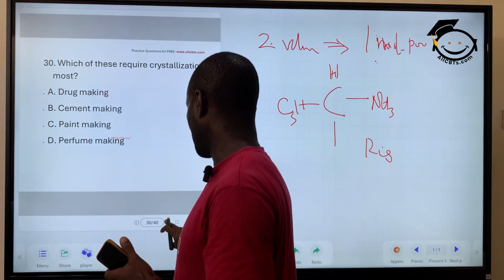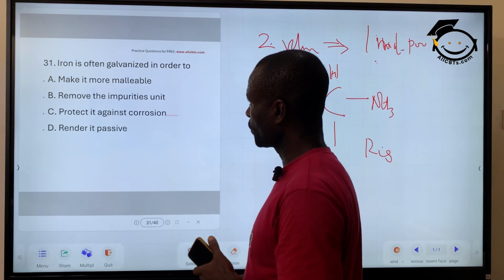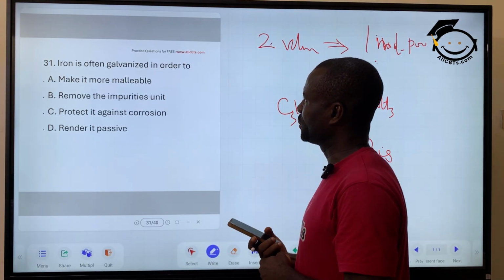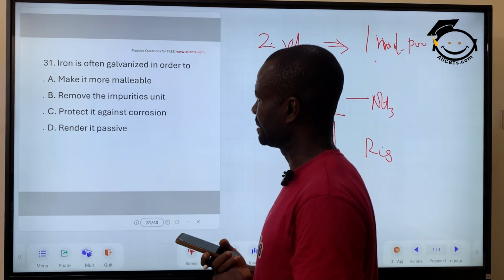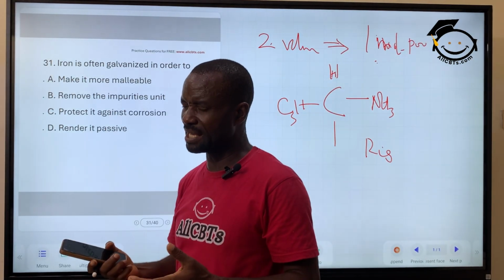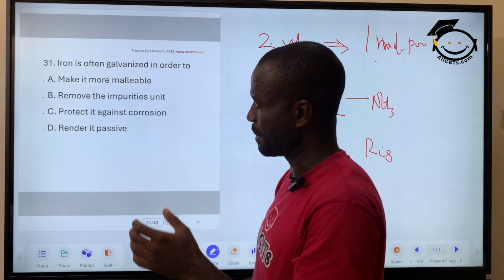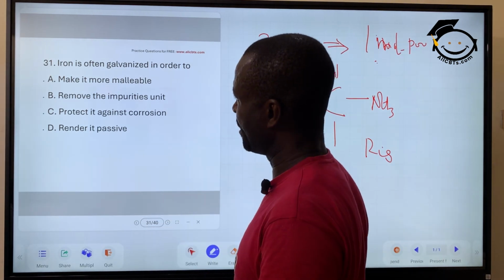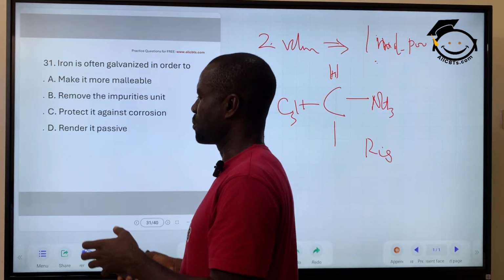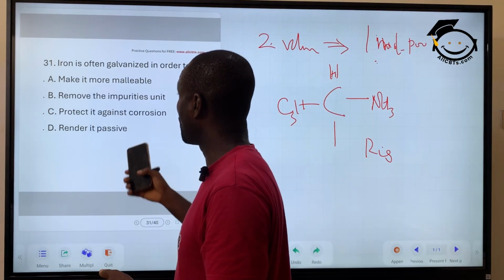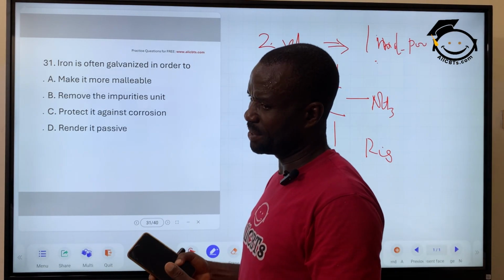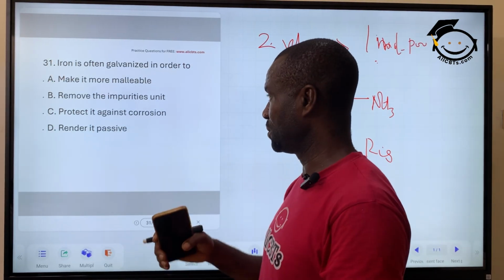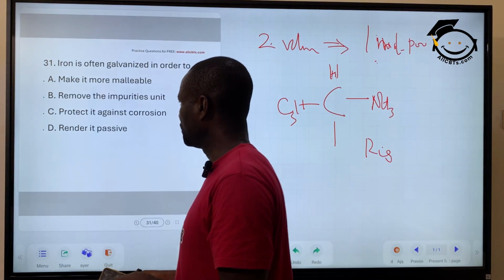Number 31. Iron is often galvanized in order to dash. When we say we galvanize, we are coating iron on top of another metal. So making it to withstand what? Make it more malleable. Malleability is simply a process whereby metal can be bent into different shapes. Remove the impurity.